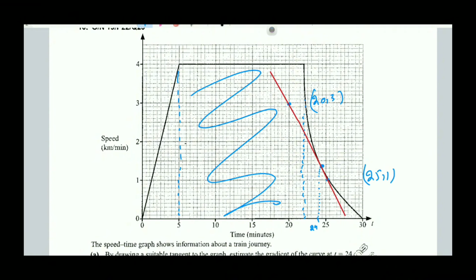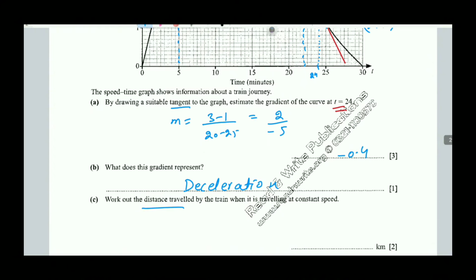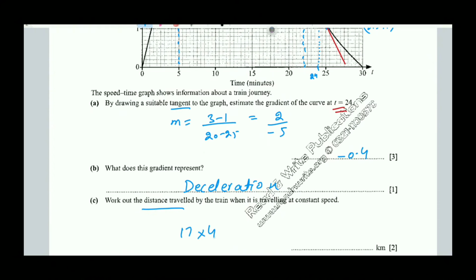You can see this is a rectangle, so the length of this part is, you can say, 5, 10, 15 and 2 more, 17. 17 is the width and height is 4. So 17 into 4 is 68.